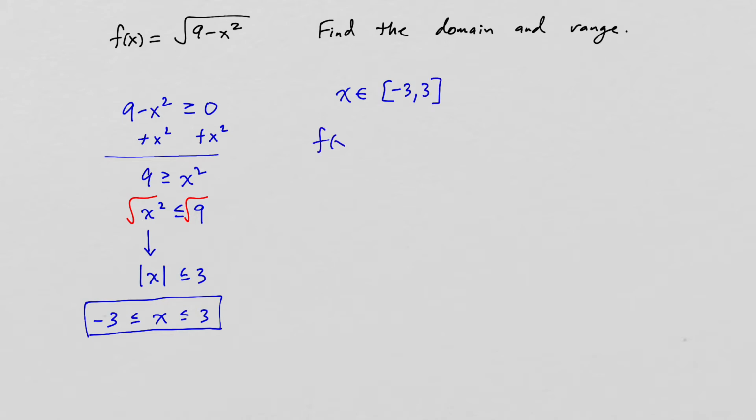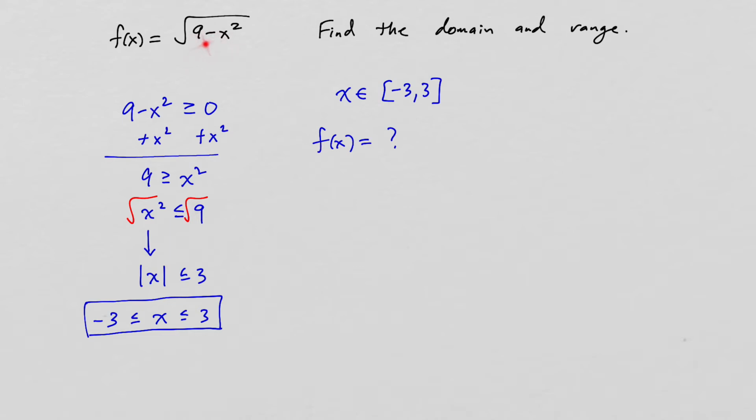So what's f(x) going to be equal to? Well, if you consider x being 3, if you plug 3 in here, 9 minus 3 squared is going to be 0. 0 is going to be the lowest number that you can get for f(x), because you can't get a negative number.